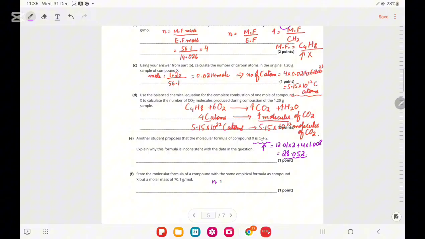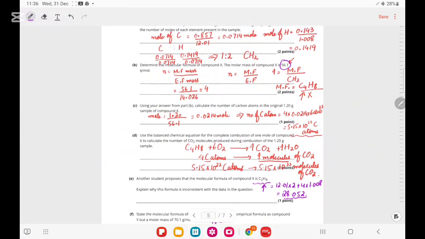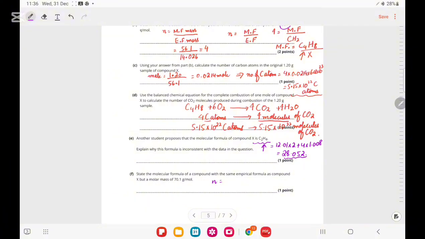So n is equal to... the empirical formula, like we have calculated, was CH2. So first we are going to use the formula: molecular formula mass divided by empirical formula mass.